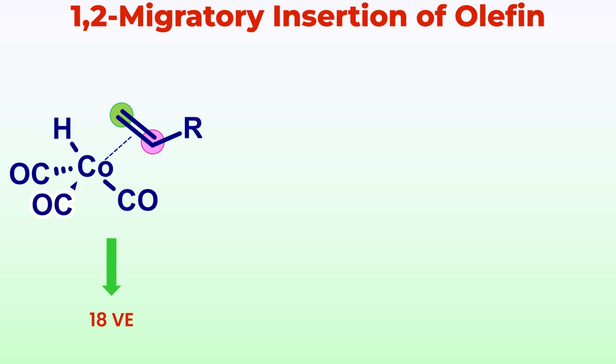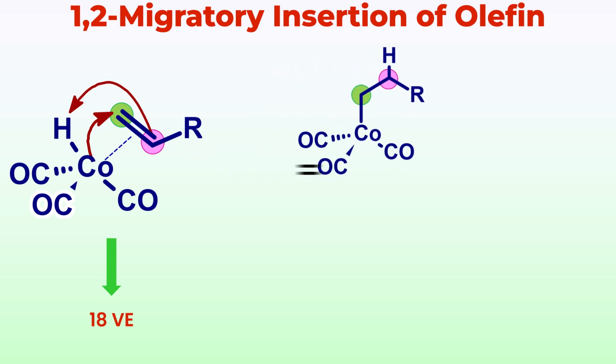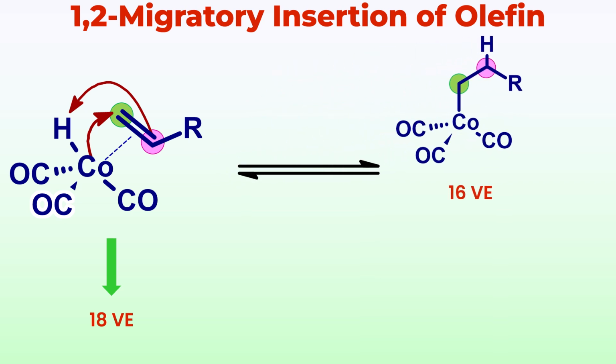Now the alkene inserts into the cobalt hydride bond. If the insertion occurs in such a way that hydrogen adds to the more substituted carbon, a 16 electron complex with a linear alkyl group as the ligand is formed.